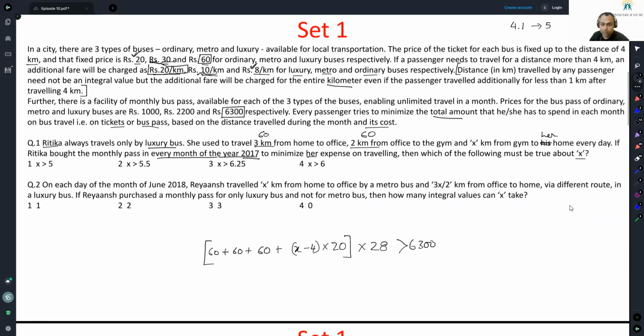Okay. So let me work with this. First thing I will get is within brackets 180 minus 80. So 20x plus 100 into 28 is greater than 6,300. So I can get rid of zeros.